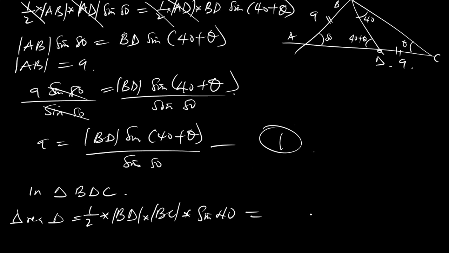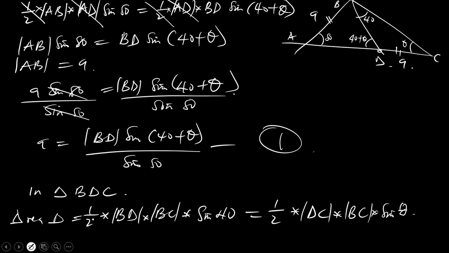And it's also the same thing in another form. The area is also half times DC times BC times sine of this angle, which is sine theta.